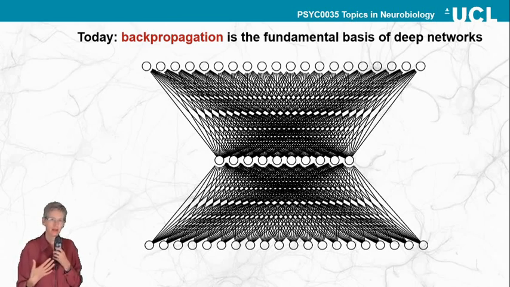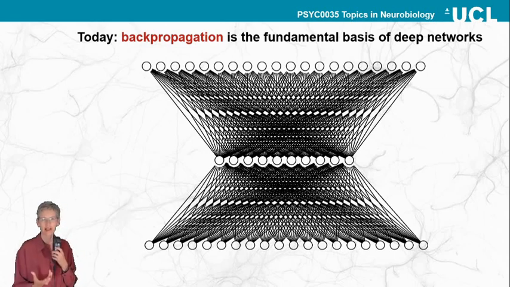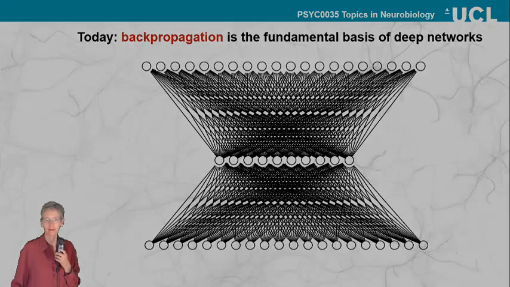So backprop is the algorithm by which modern deep networks work, and that's how all of these machine learning things that can do really amazing things like face recognition work in an artificial neural network. The question for us as biologists is how might that work in the real brain, and we haven't solved that one yet.